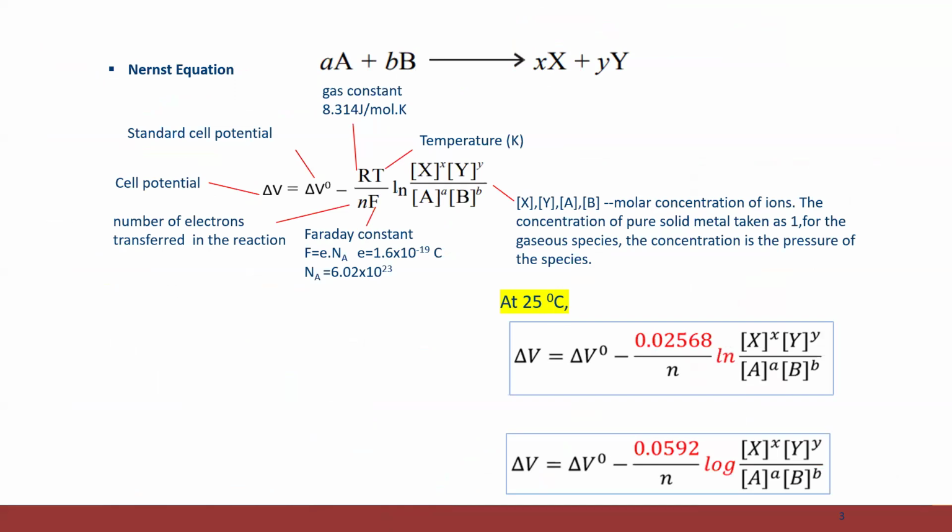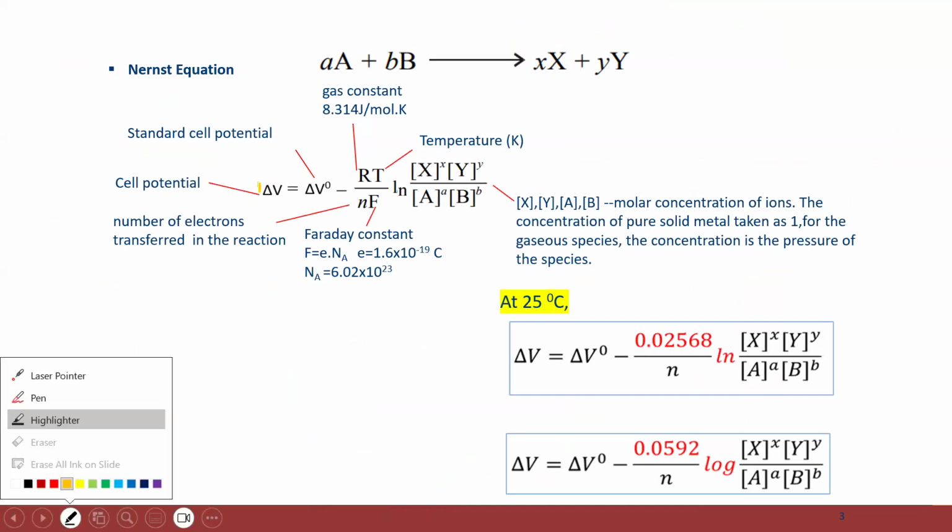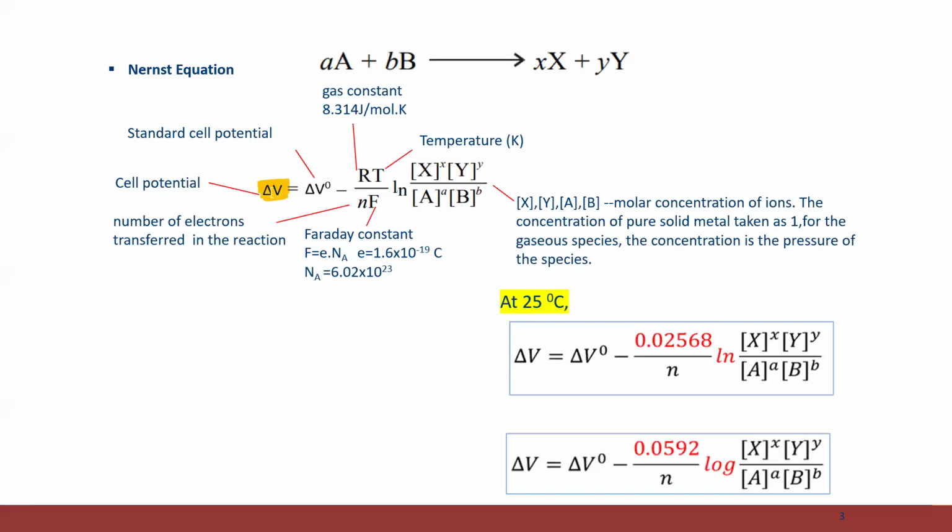Now, this is for standard electrodes, but consider non-standard conditions. What can be the non-standard condition? Your temperature will be different, or your solution can be a different concentration. If so, we can find the delta V using this equation. Here we have delta V naught, which we already know how to find under standard conditions: we look at the EMF series.